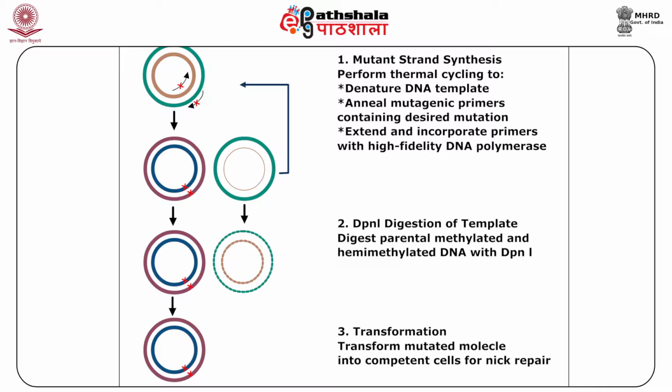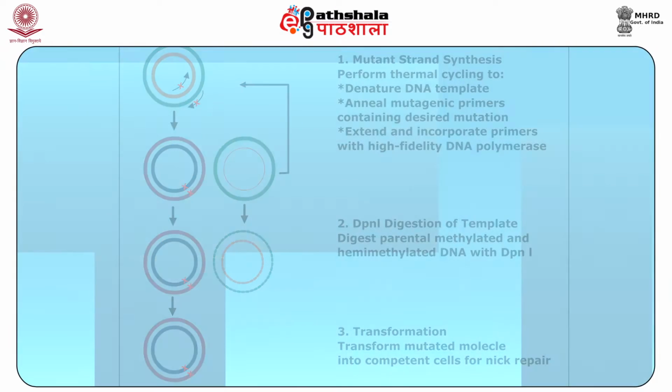Now this double-stranded DNA vector is there with the insert of interest, and we can see in this figure that the 2 synthetic oligonucleotide primers which are carrying the mutation at the desired site are also added to this PCR tube. So your PCR tube has the template now, which is the double-stranded DNA.